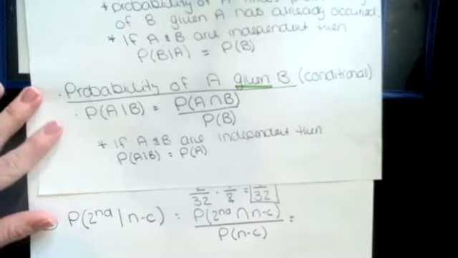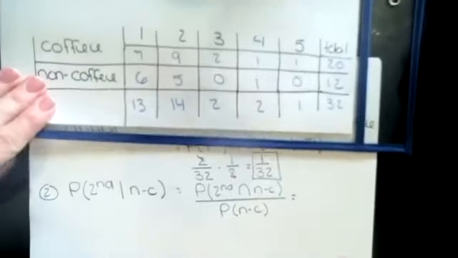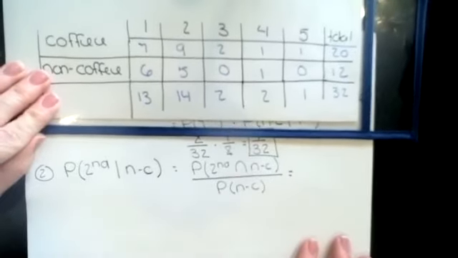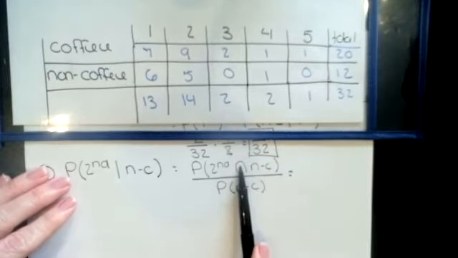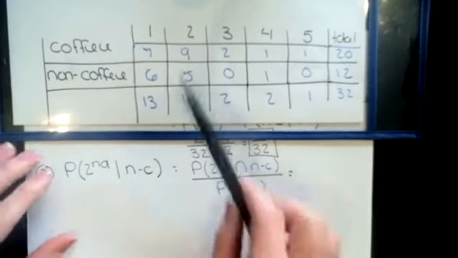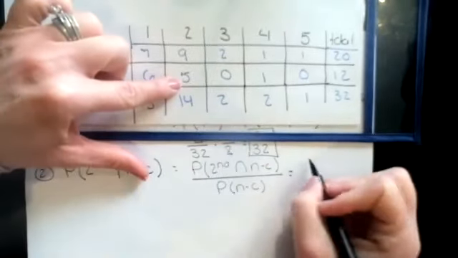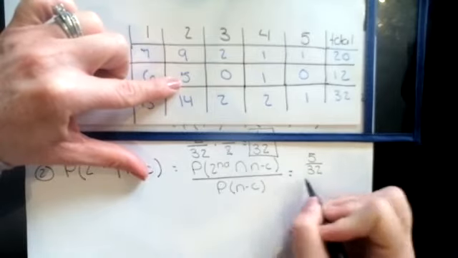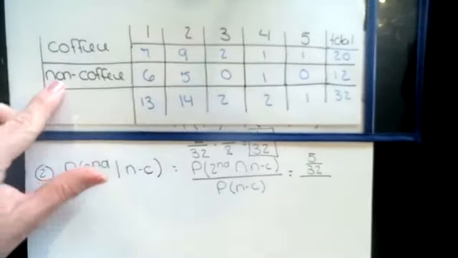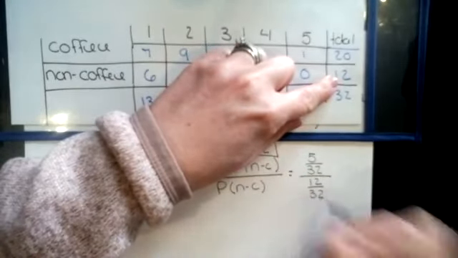And actually go to the right here with that. So again, I'm going to use my table to get my information, get my numbers. So I'm looking at the probability of a second year and non-coffee. That's the overlap of second year and non-coffee. So right here, it's 5 out of all of the students, 32, divided by just the probability of a non-coffee drinker, which is 12 out of 32.